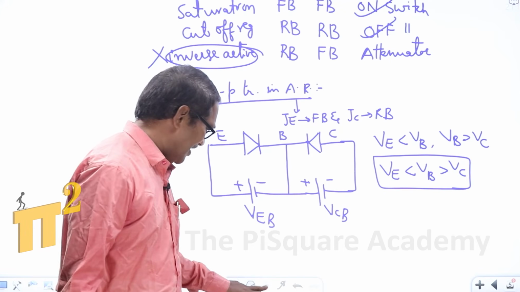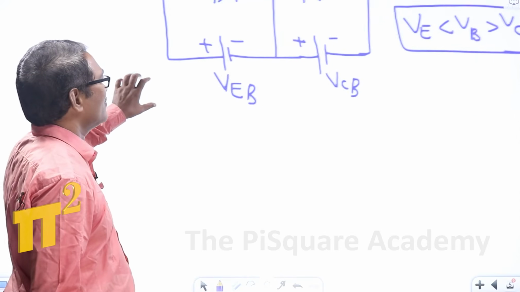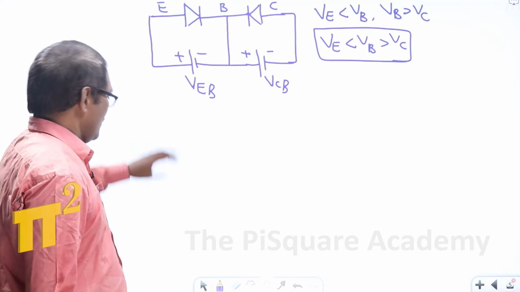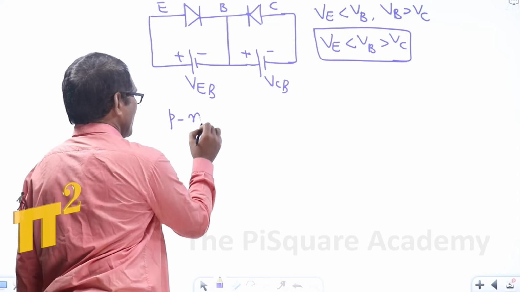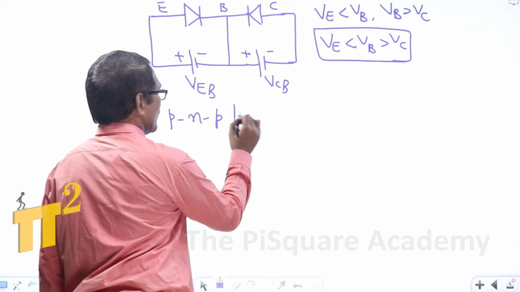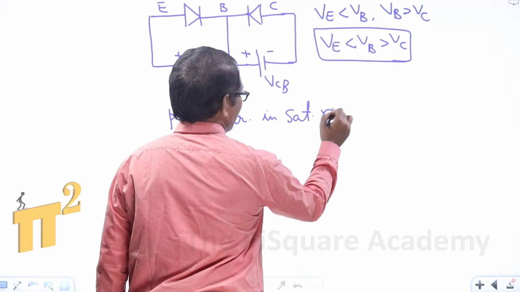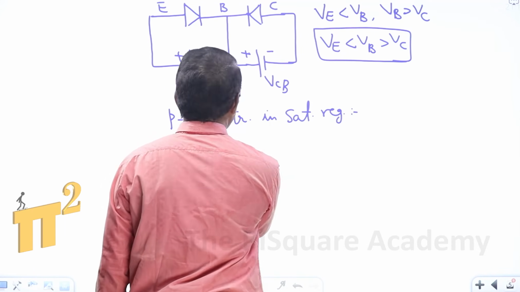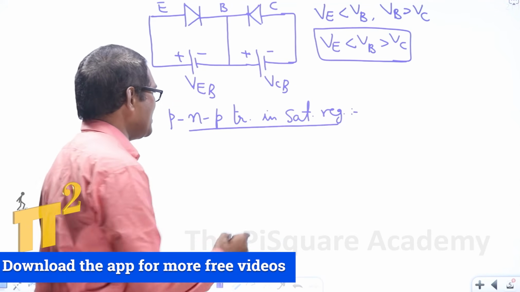Right? And the next one is saturation, a PNP transistor in the saturation region. If you want to use the transistor in the saturation region, what condition must be satisfied?